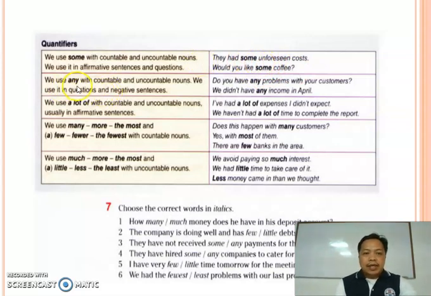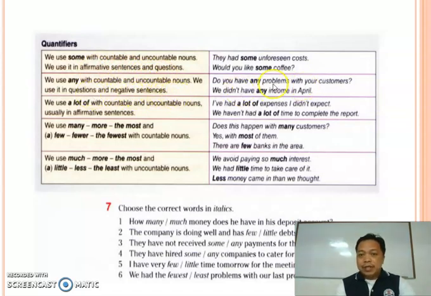We use any. So this is another quantifier. Some, any, with countable and uncountable nouns. We use it in questions and negative sentences. For some, affirmative sentences and questions. Any here is questions and negative sentences.